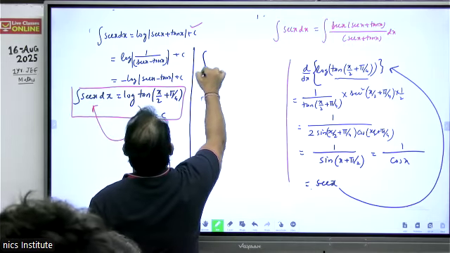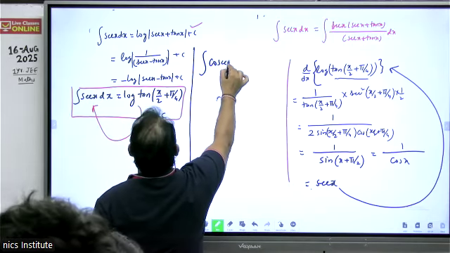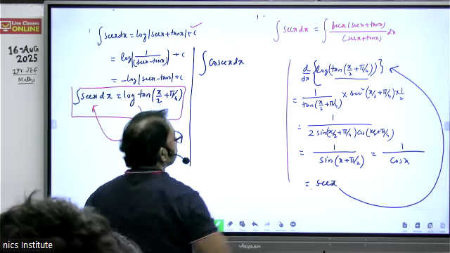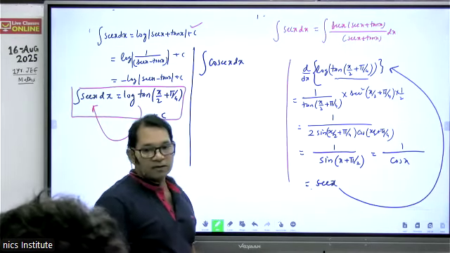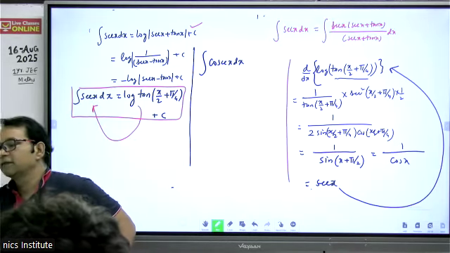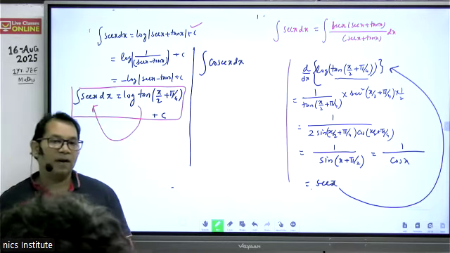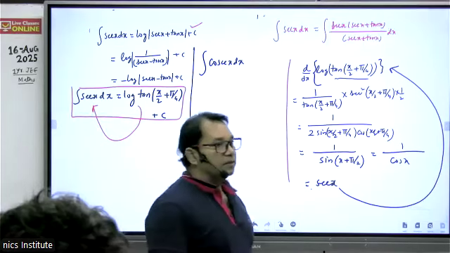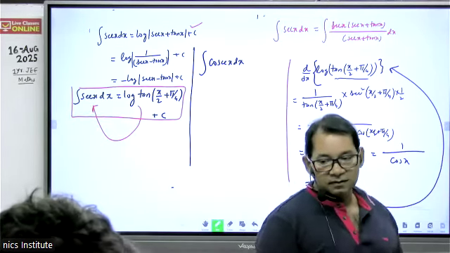Now let's derive the formula for cosec x. Try yourself. In sec x, we multiply and divide by sec x plus tan x.